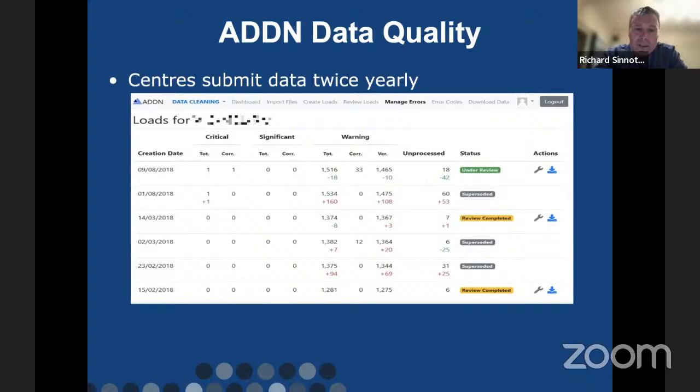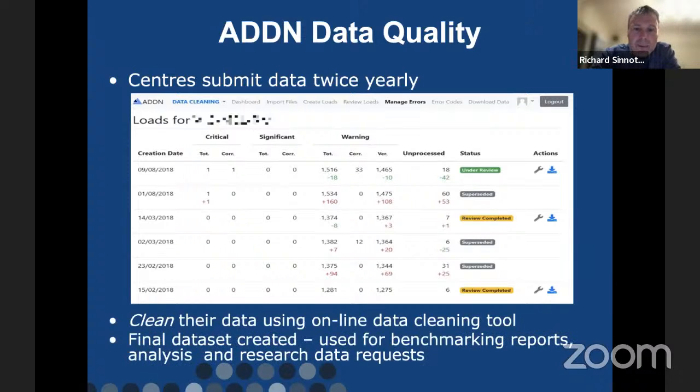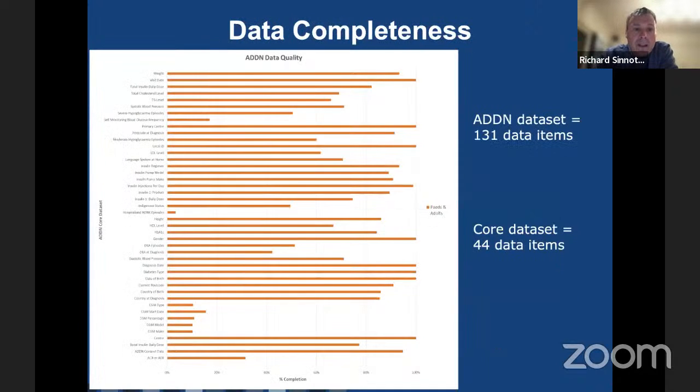They can use the system that we've implemented and all the rules that we were told to realize to debug their own data. Once their data is debugged, we ingest it, and that's done twice a year. Then once the data has been debugged, it becomes part of the national benchmarking activity, and researchers can ask questions about all kinds of different aspects of what's happening with diabetes across Australia.